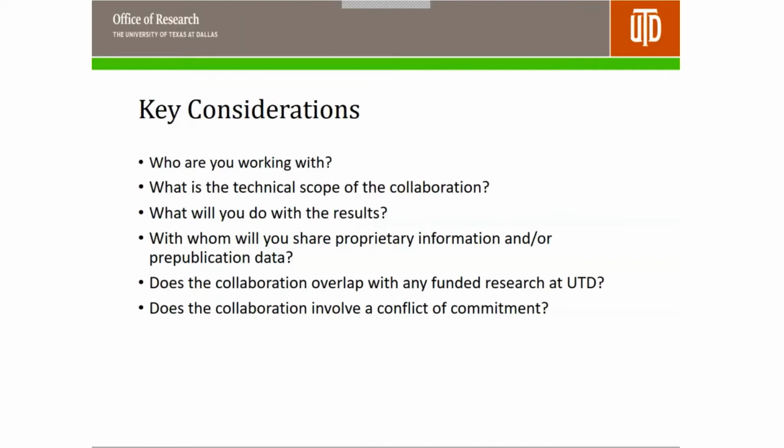And I need to make sure that I have reported and disclosed the role and interests of this other institution to the federal funding agency.